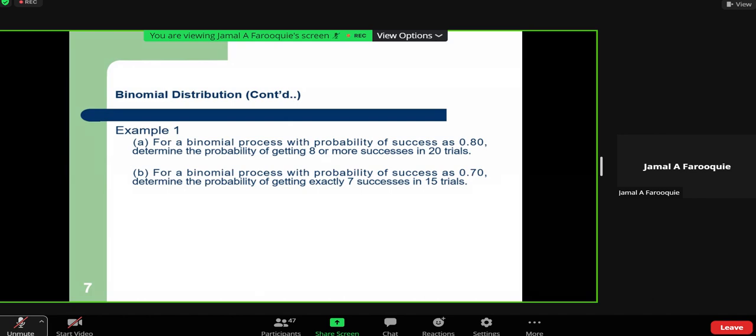So any idea what we can do? How can we make use of the table? Can you guess something? The sum of probabilities is 1, so we can calculate in another way, like 1 minus not getting.